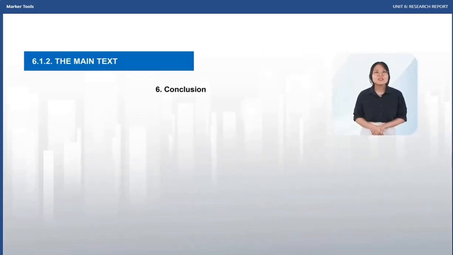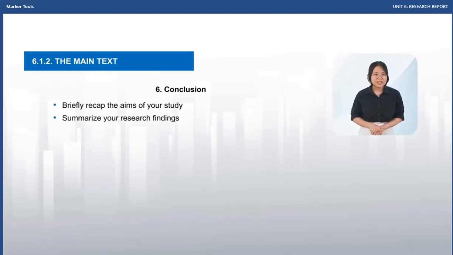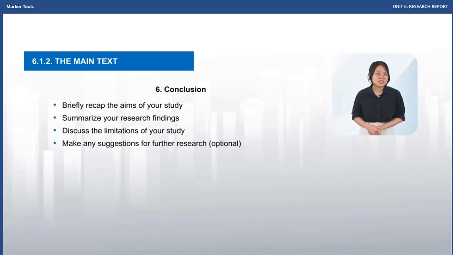Last one is conclusion. For conclusion, you need to briefly recap the aim of your study, summarize your research findings, discuss the limitation of your study, and also make some suggestions for further research. And this one is optional.